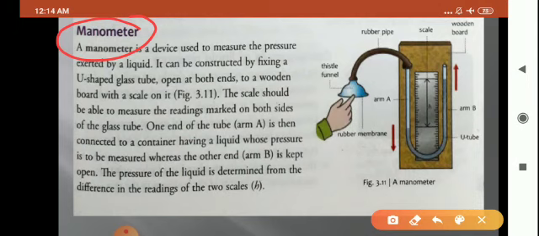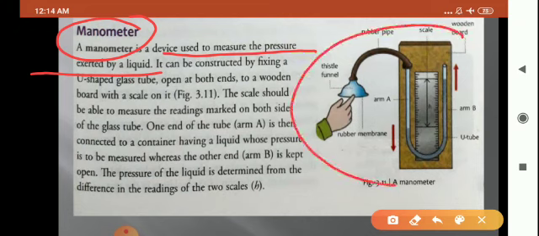It is an instrument which is used to measure the pressure exerted by a liquid. Whatever pressure any particular liquid exerts can be measured with the help of a device known as manometer.